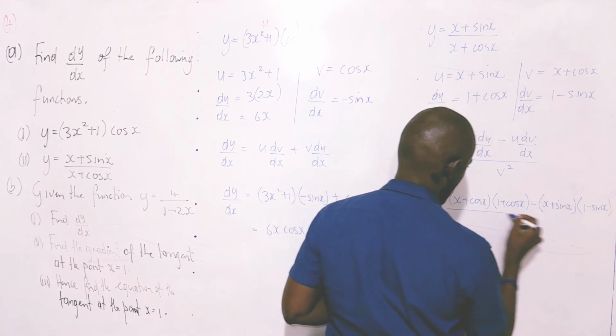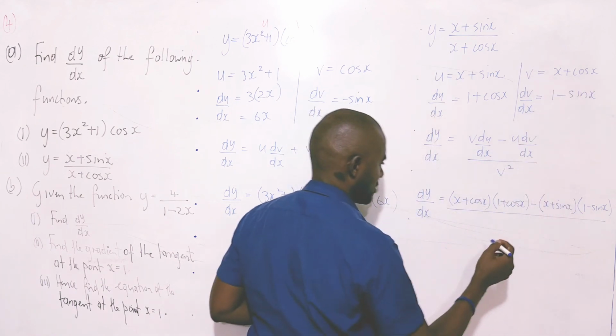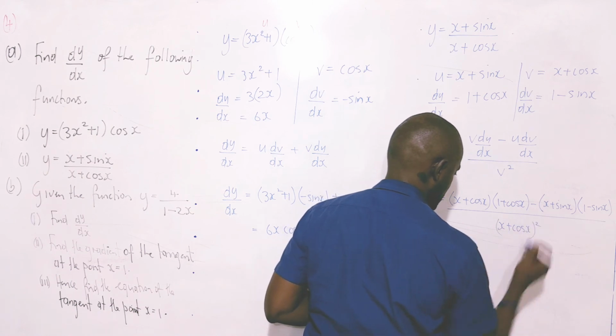And this is all over v squared. And of course, v is equal to x plus cos x. So this is all over x plus cos x squared.